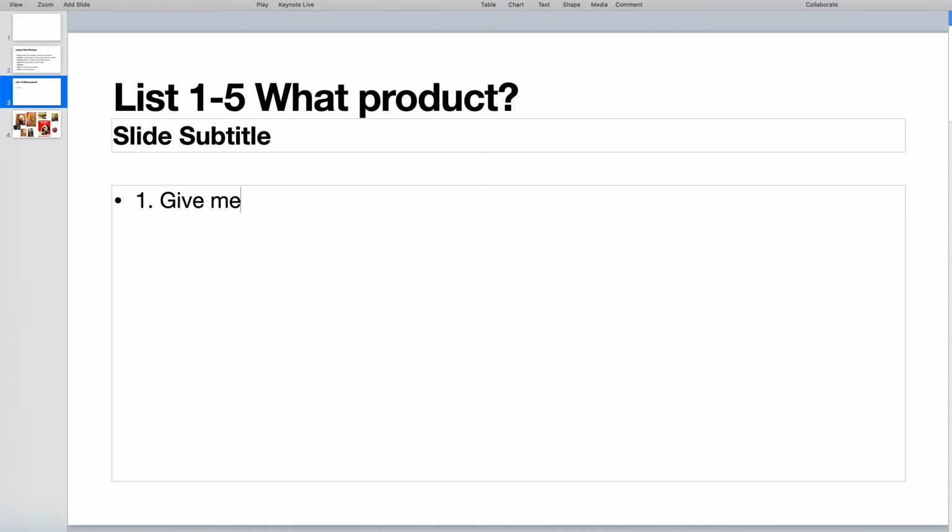What's the product? And for 2, I'm going to say, "Like a good neighbor." And so on and so forth. And you'll do 3, 4, and 5.